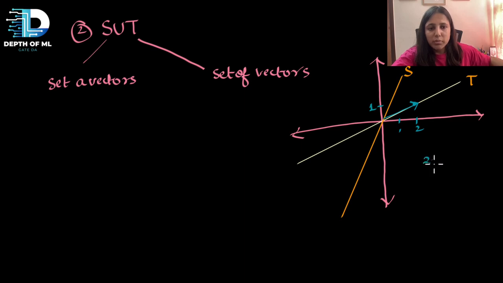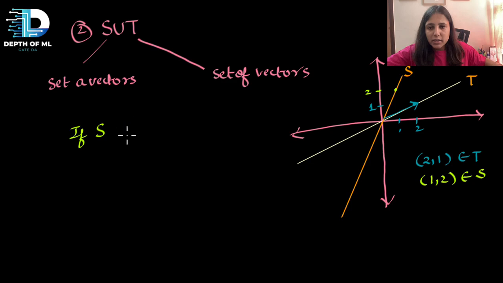Now this 2 1 belongs to T. And let me take another vector which is on this line. This is 1 2. Now I have 1 2 which belongs to S. So if S and T are subspaces, you can clearly see that S is a subspace of dimension 1 and T is also a subspace of dimension 1, right?